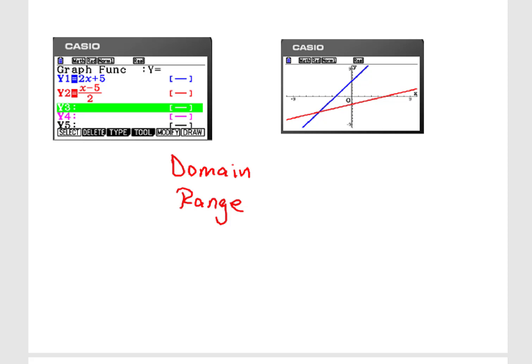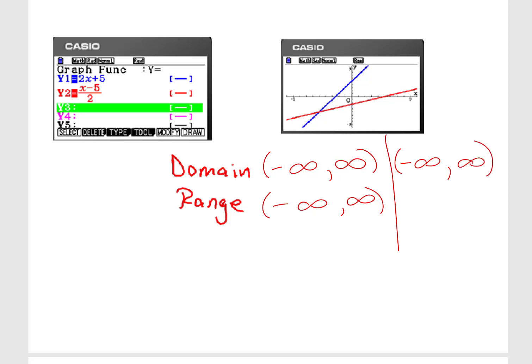So we do domain. The domain of the original function was negative infinity to infinity. And then the range was negative infinity to infinity. So this is not the greatest of examples because the domain on the inverse is negative infinity to infinity, and then the range on the inverse is negative infinity to infinity.